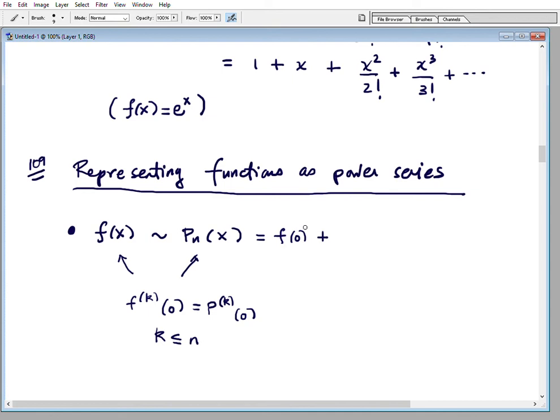So it looked like this: f of 0, plus f prime, the first derivative at 0, times x over 1, and now we have the second derivative at 0, and here we have x squared over 2, or we can write it as 2 factorial to make it look like the more general term. Then x cubed over 3 factorial, and we do all this all the way up to the nth term, f^(n).